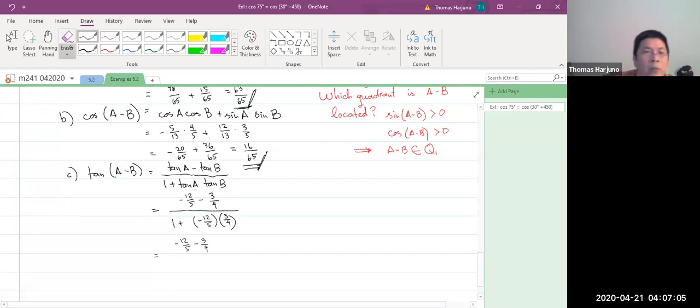I multiply the bottom first: 1 minus 36 over 20. Now let me multiply by the LCD over LCD, 20 over 20.